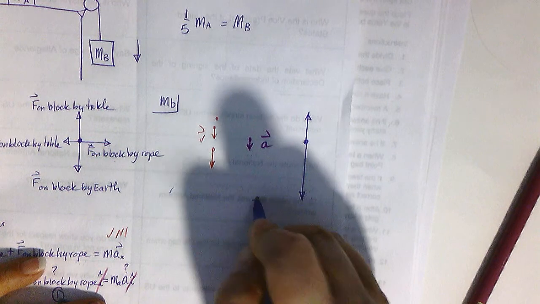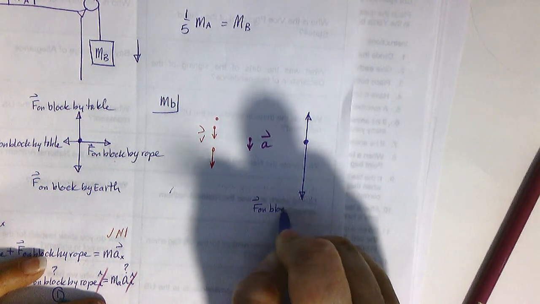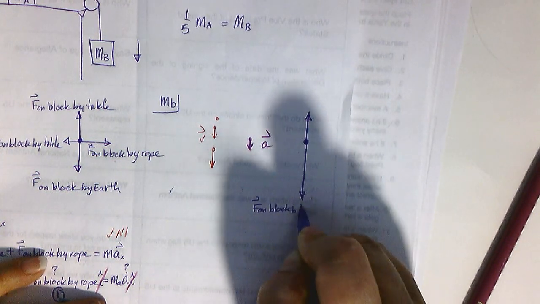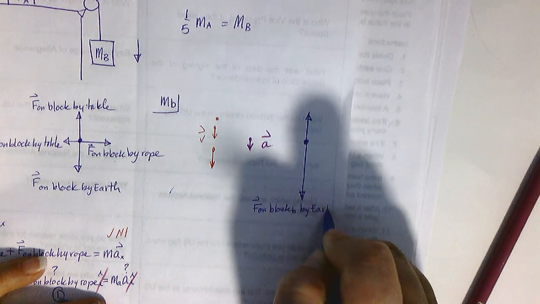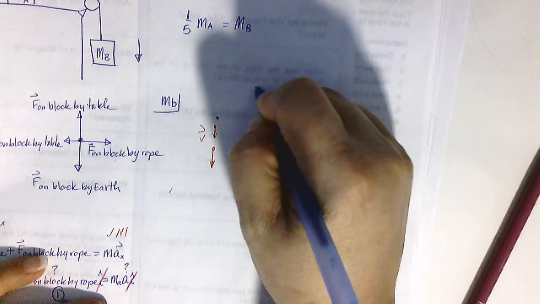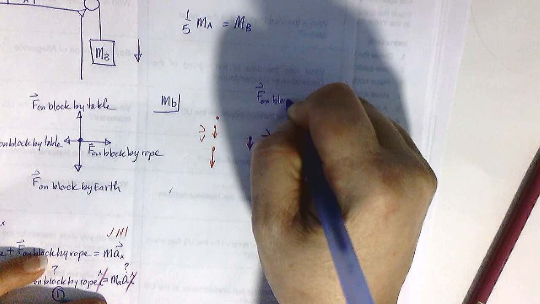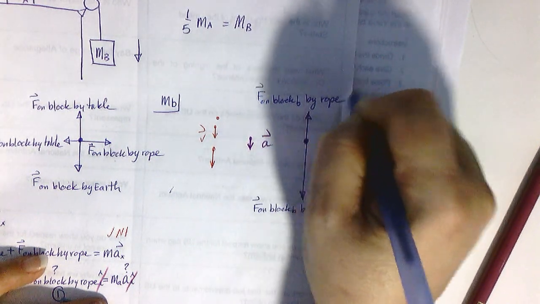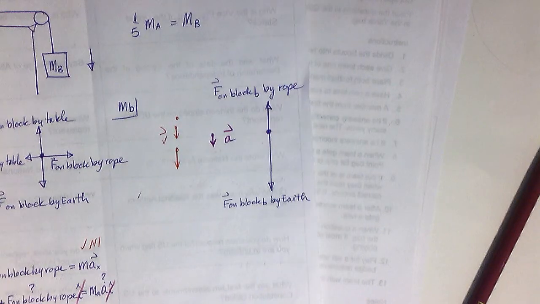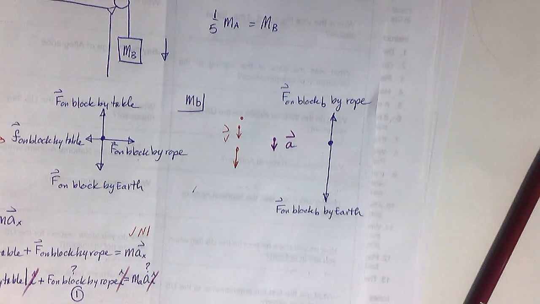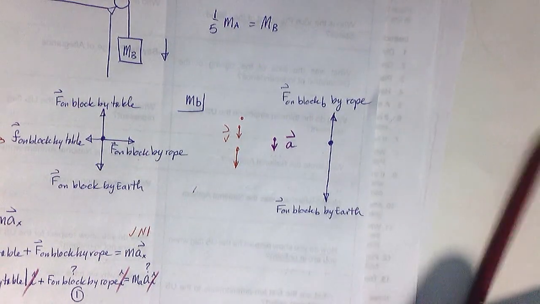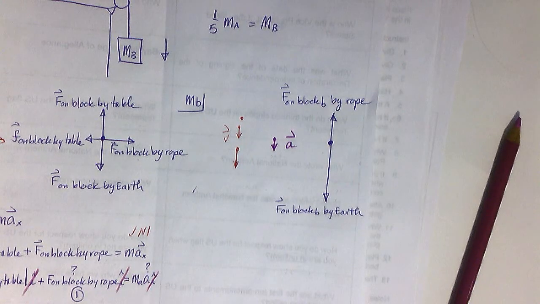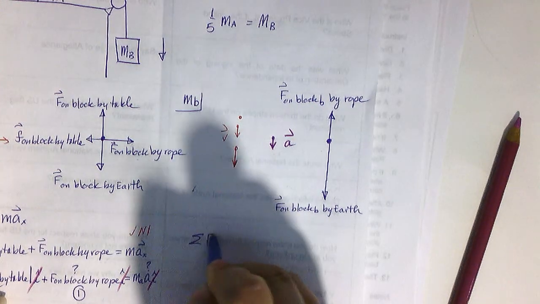Okay, so this is force on block B by earth, and this is force on block B by rope. Okay, now this makes it a little bit easier because we're only in one direction.